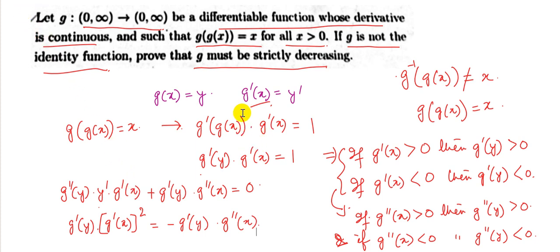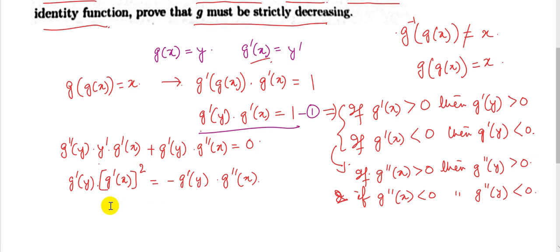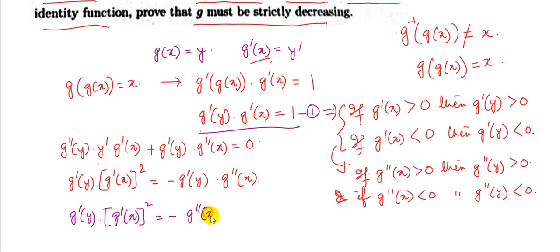And we know from the first equation that g dashed y is the reciprocal of g dashed x. So we can make that substitution here, and we can write this as g double dashed y times g dashed x whole square equals minus g double dashed x over g dashed x.